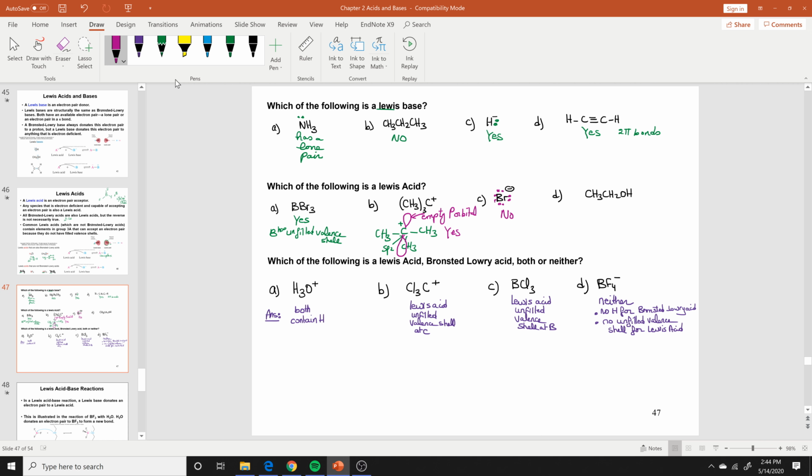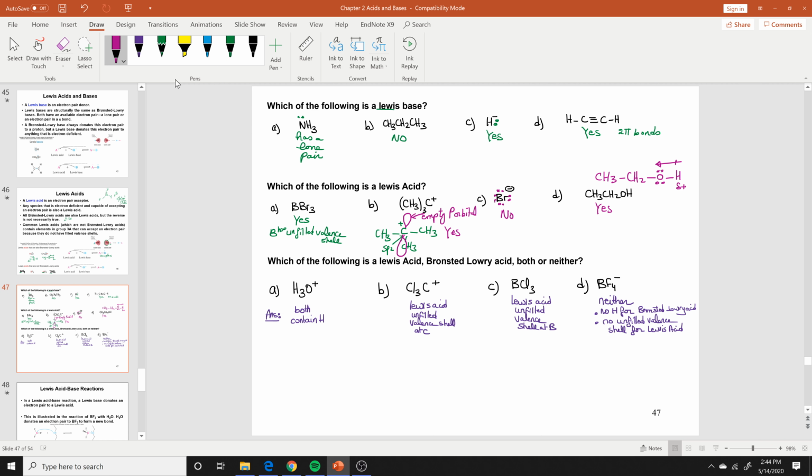Coming to this one over here, to the alcohol, yes, it is a Lewis acid. Why is it a Lewis acid? Let's apply the definition for the Lewis acid, where the more electronegative element is going to pull electrons away from the hydrogen, leaving it partial positive. This is going to have an electron deficient orbital in there that needs electrons.